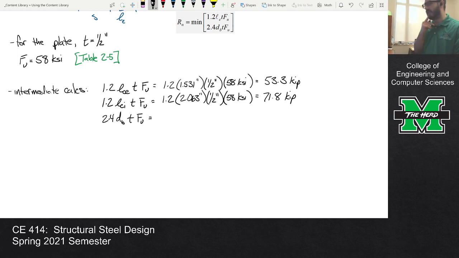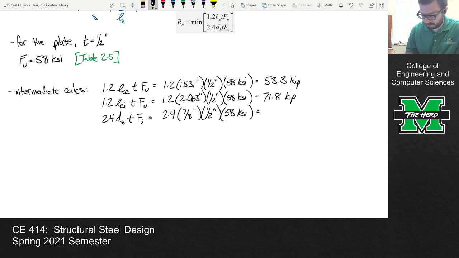And then the 2.4 dBTFU, so 2.4, and we're using the actual bolt diameter here. 60.9. Okay, that's what I got.